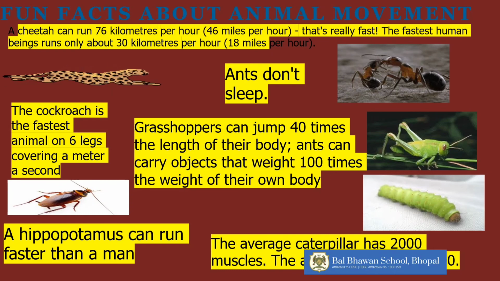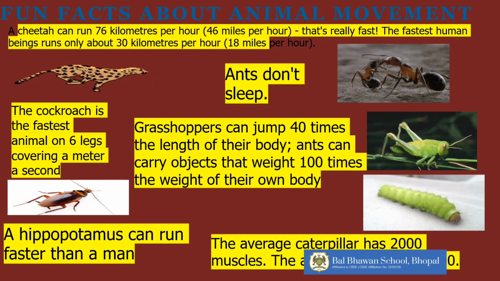And the cockroach is the fastest animal on six legs, and it covers a meter per second. Grasshoppers can jump 40 times the length of their body. And do you know that ants can carry objects which weigh about 100 times more than their body? And a hippopotamus can even run faster than a man.